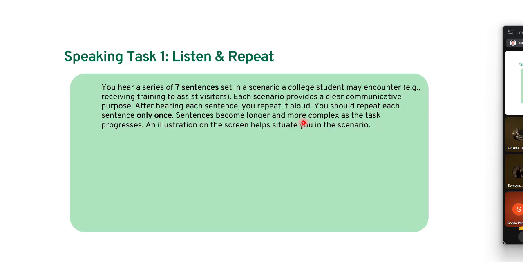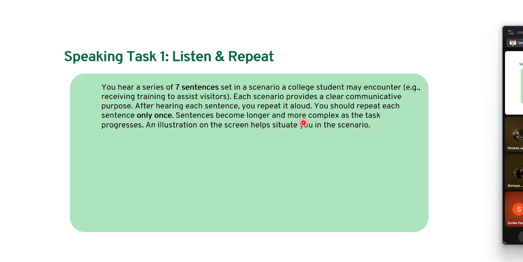As you have stated, the listen and repeat task is the task where first we listen to a specific sentence, short or long, so it could be both of them. And then we have to exactly repeat what is stated in that listening. So that's simple. Listen first and then repeat without any preparation time.